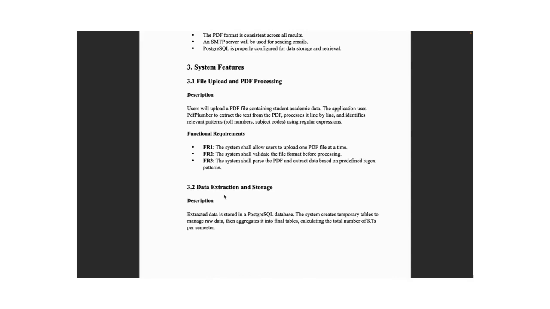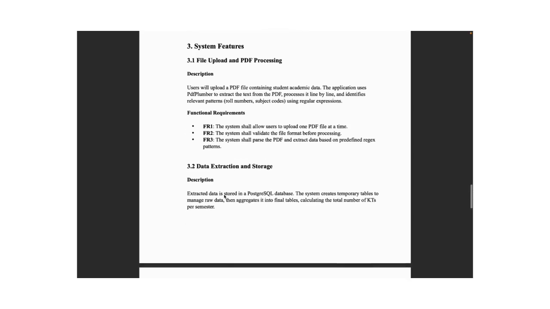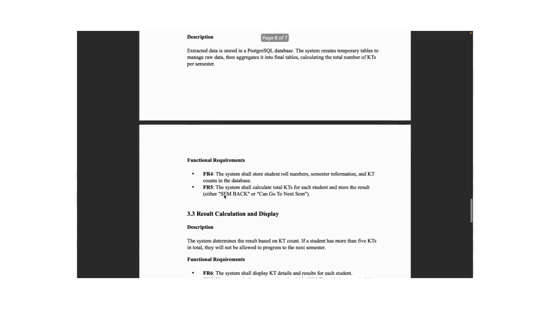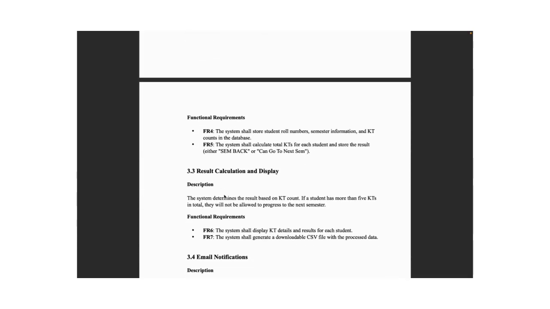Data extraction and storage: the data that we have extracted through the PDF processing is stored in the PostgreSQL database, and the next one is result calculation and display. Result calculation is based on the backend code that we have provided already in the project, through which we are going to determine whether the student got sent back or has passed based on the KT count.